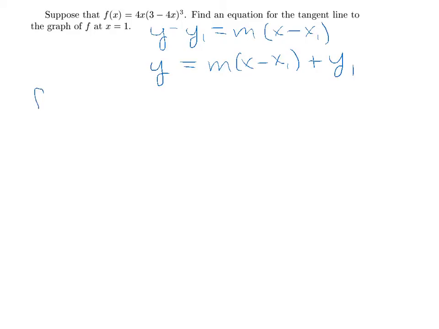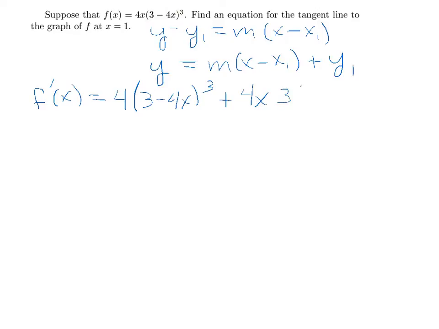So I need to compute this derivative first. So I'll use the product rule. 4, which is the derivative of this 4x, times this function left alone, plus 4x times the derivative of this function, and I have to use the chain rule on that guy.